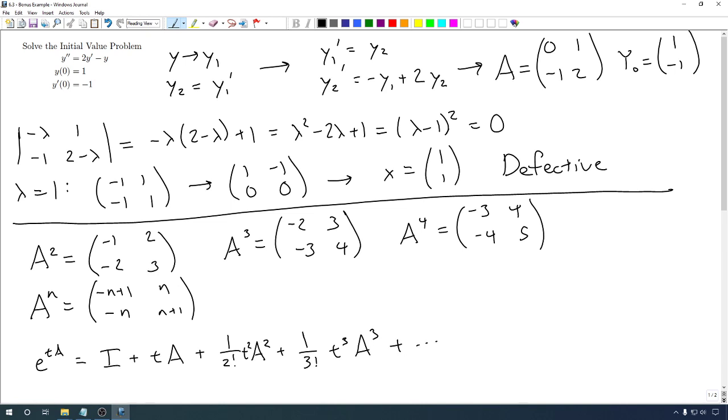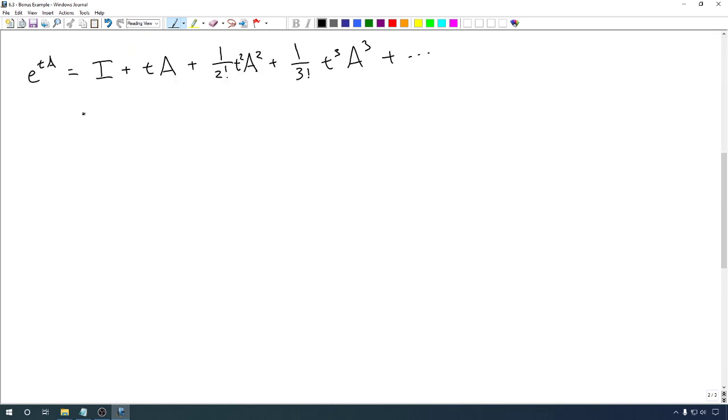Now we have to put all these matrices times the various powers of t into one big matrix. So maybe I should go ahead and copy this over to the other page. So what do we get? It's still a 2 by 2 matrix, but each of our elements is going to be a series. In fact, a power series.